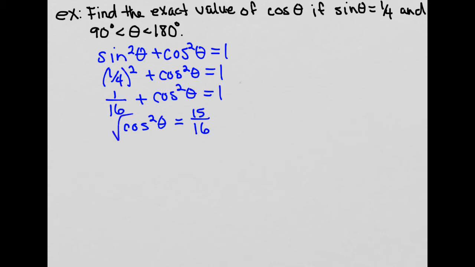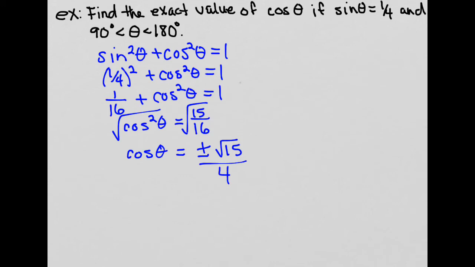And then to solve for cosine, which is what we're looking for up here, we take the square root of both sides. So we get cosine theta is equal to plus or minus square root of 15 over 4.